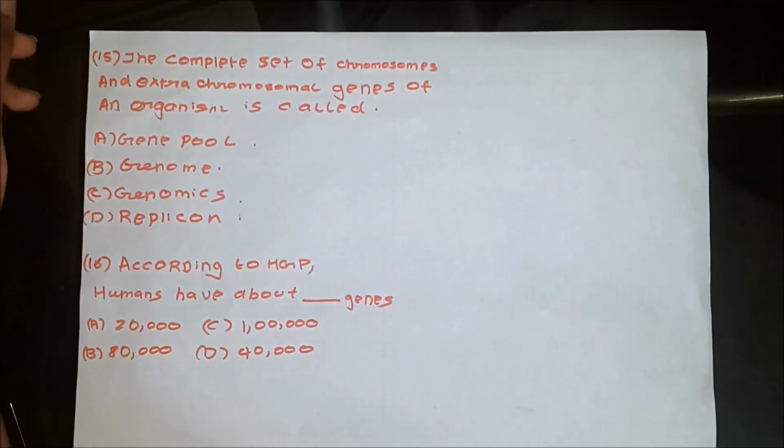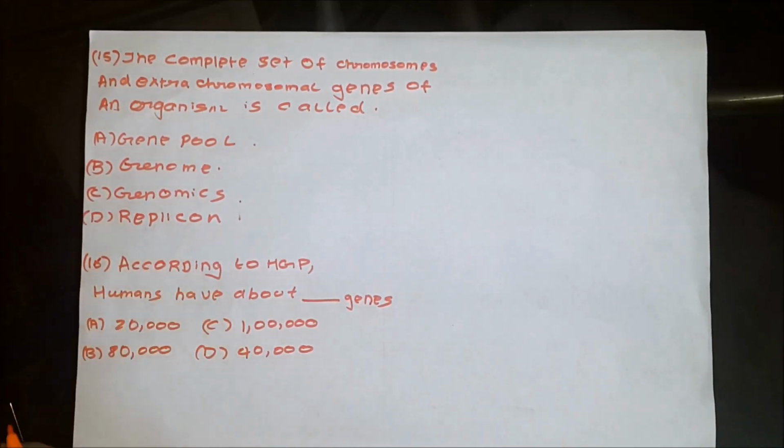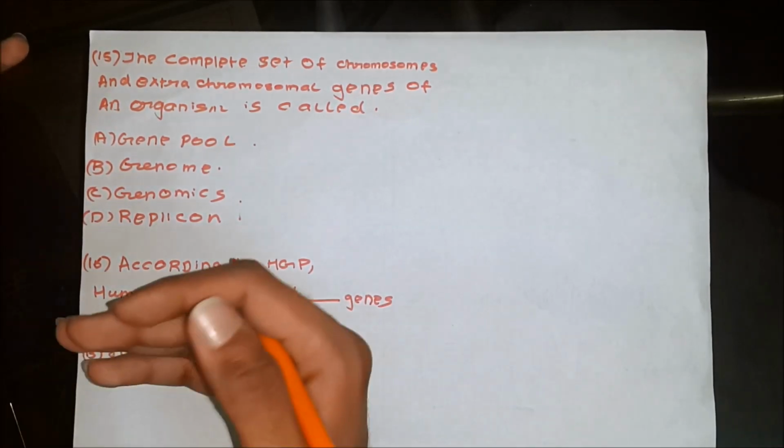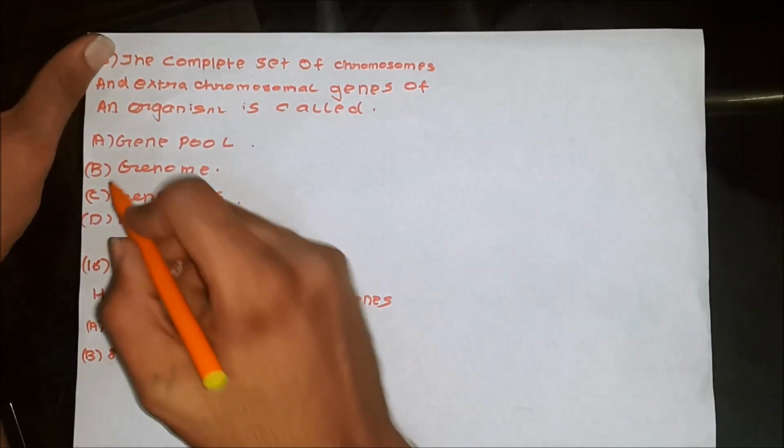So option A and option C are out. Option D, that's replicon, these are segments on the DNA wherein replication occurs. There are specific sites in each eukaryotic and prokaryotic cells where replication can occur, and those sites are replicons. So we are left out with only one option, that is genome, that's B.